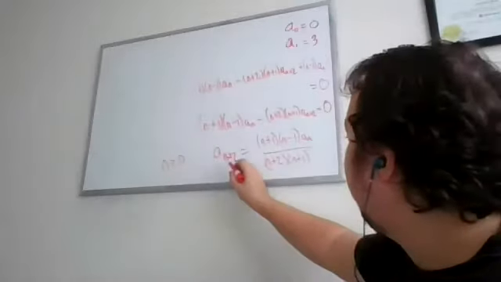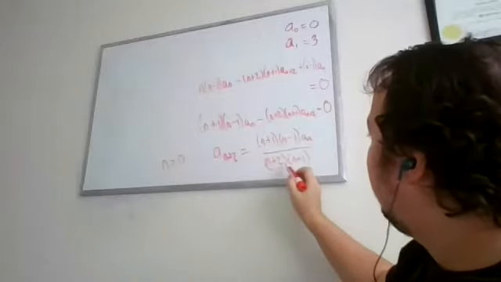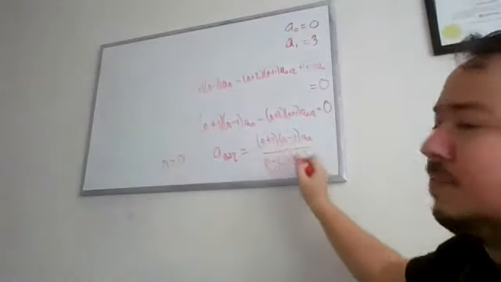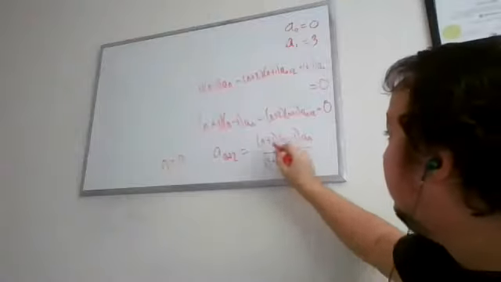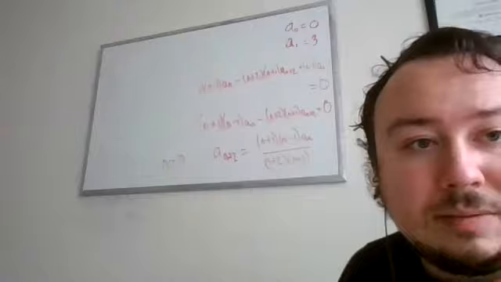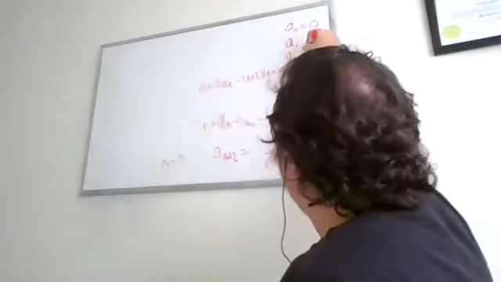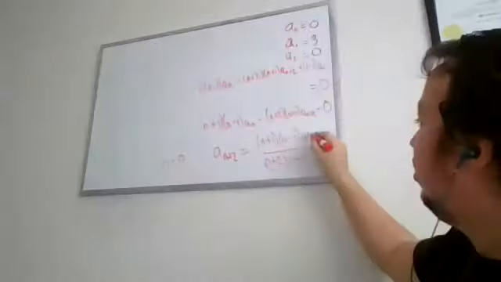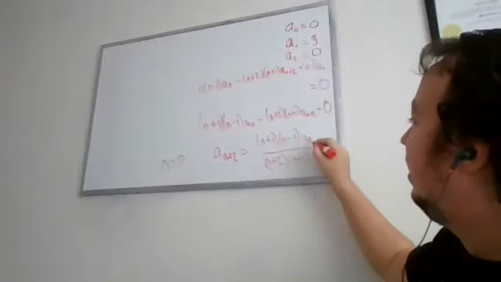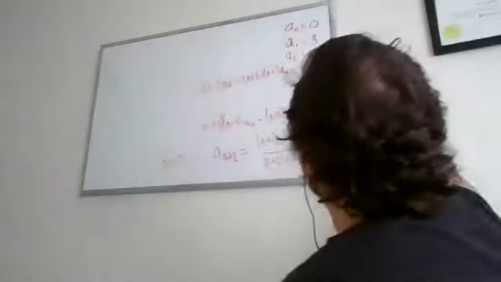Well, a_2 we can get from plugging in 0 into here. So we're going to get some weird number when we plug 0 into here, but it's going to be some weird number times a_0. But what's a_0? That's 0. So I don't care what that weird coefficient is. a_2 is going to be 0 because it's some product of a_0, which was 0. I said 0 a lot. Sorry.